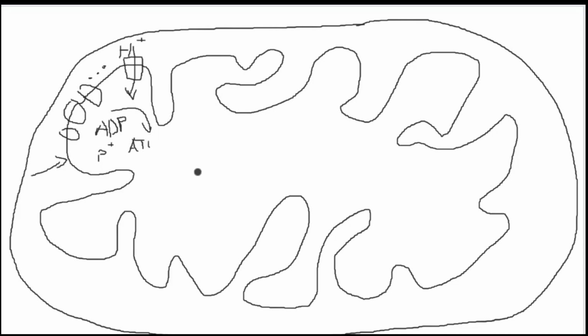Then, next up, inside of this mitochondria, there's also the Krebs cycle. When a compound is transported inside of the mitochondria, it will undergo the Krebs cycle.